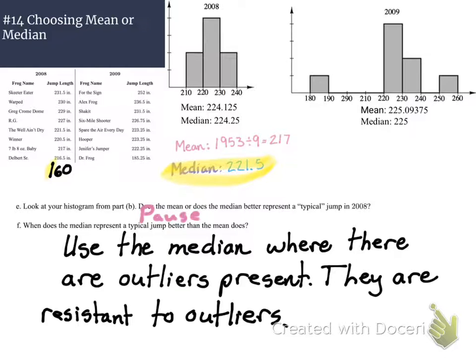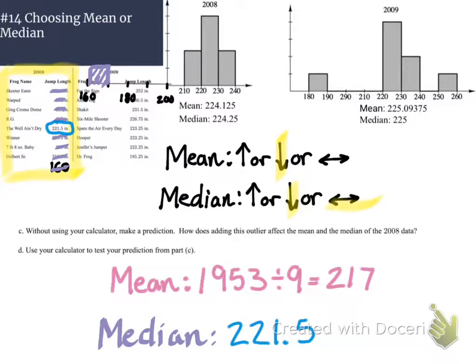It's not as affected like the mean is. The mean is great to use with balanced or symmetrical sets of data, and the median is better to use when you have a data set that has an outlier. For example, this year of 2008, including 160.